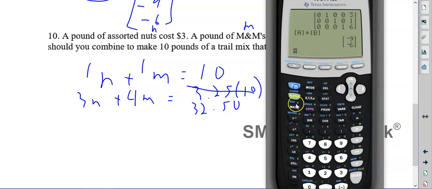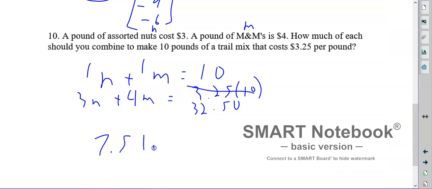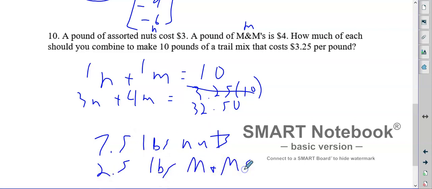We quit, come back in, go to math, go up to B, enter, tell it to look in A, and we get 7.5 and 2.5. So 7.5 pounds of nuts and 2.5 pounds of M&Ms. And that is it.